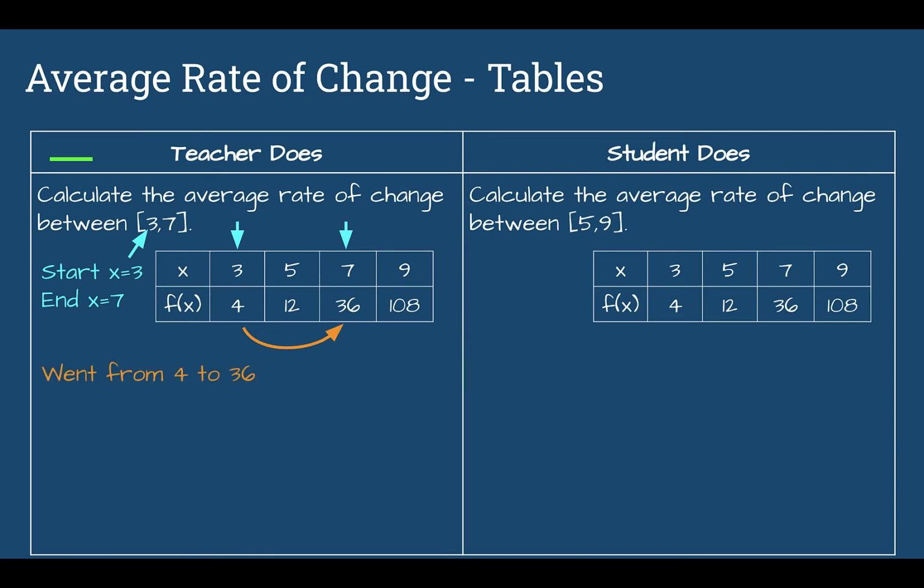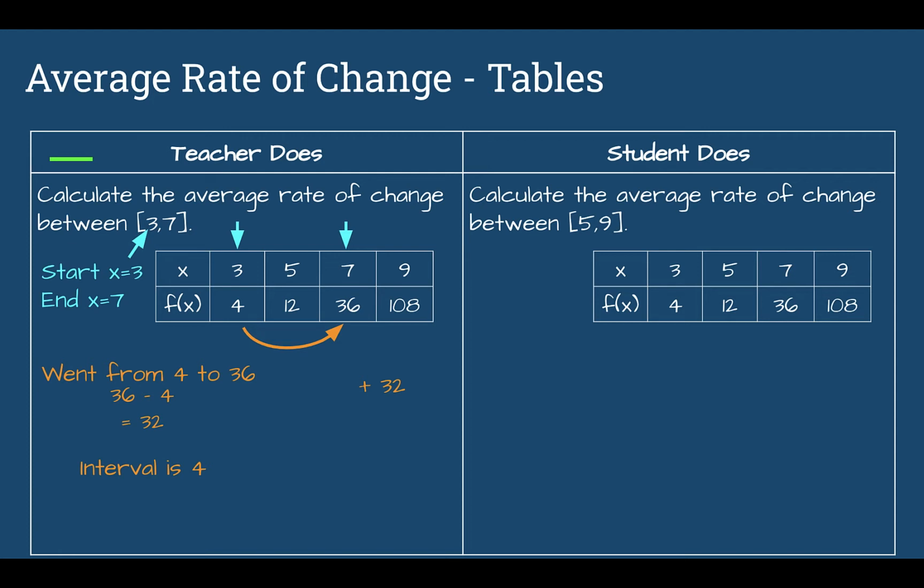That's where you're going to calculate the change. So from 4 to 36 went up 32. To get that, I just subtracted 36 minus 4 is 32. So I know that it went up 32 to go from 4 to 36. Then for the average rate of change, we're going to divide by how long the interval is.